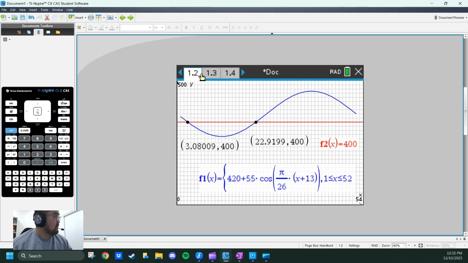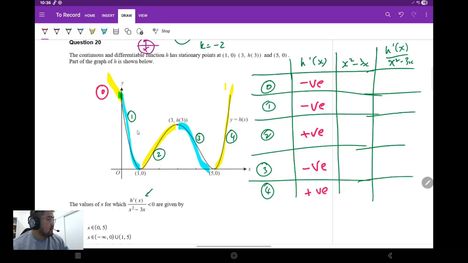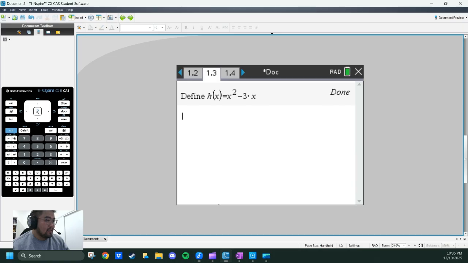Okay, so if we go back to our graphs page, I'm going to define h of x as x squared minus 3x. The first interval we need to check is if it's -1 or something in that negative direction. So h of -1, what do we get?